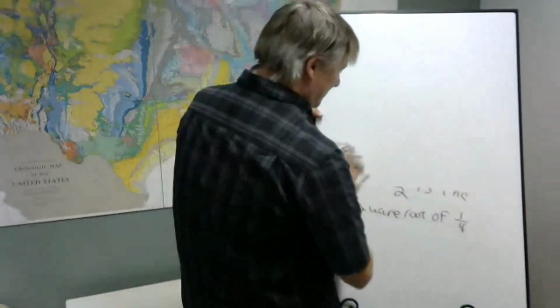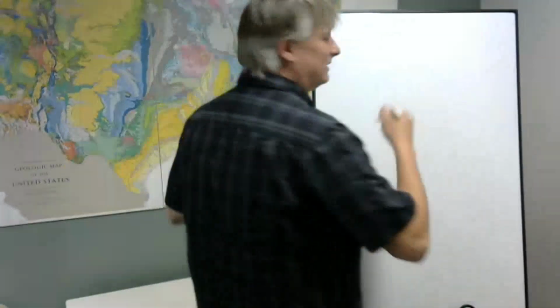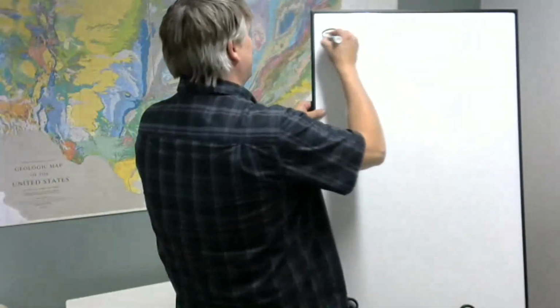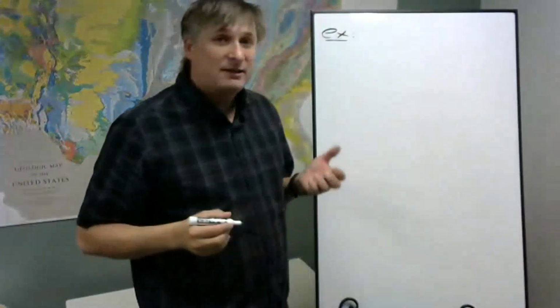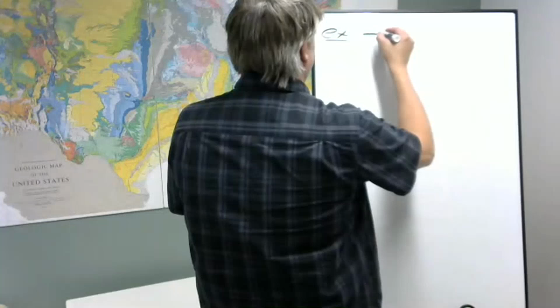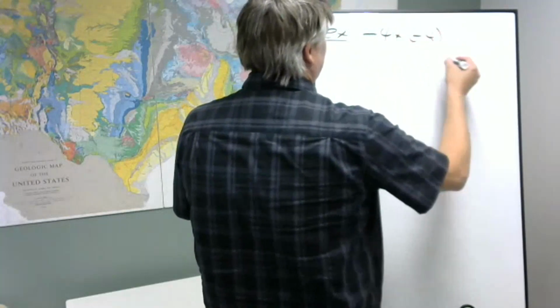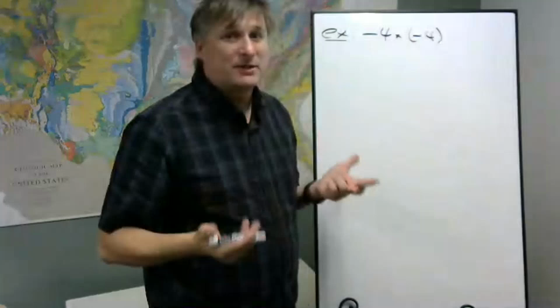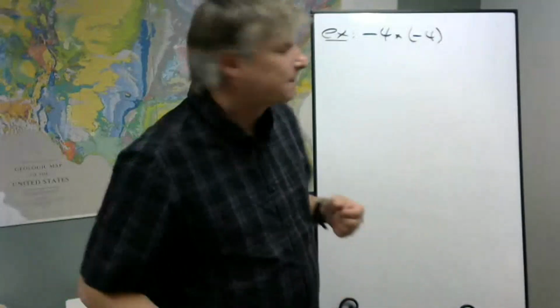So we're working with positive numbers, but it also works with negative numbers too. So let's think about this. Let's take -4 times -4. Whatever number comes out of this, we know that -4 will be its square root.